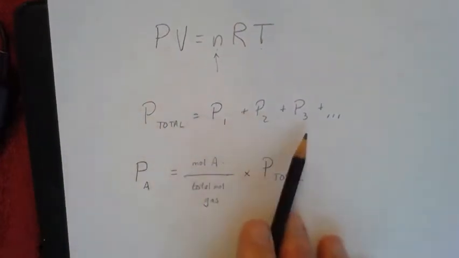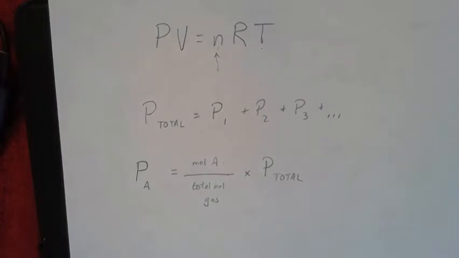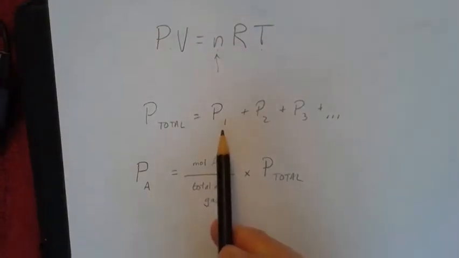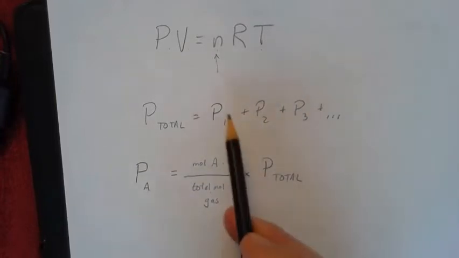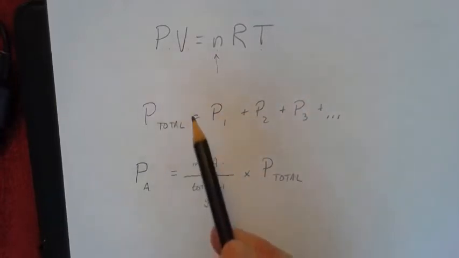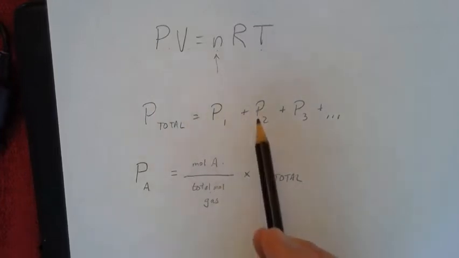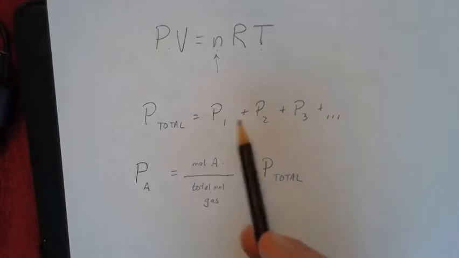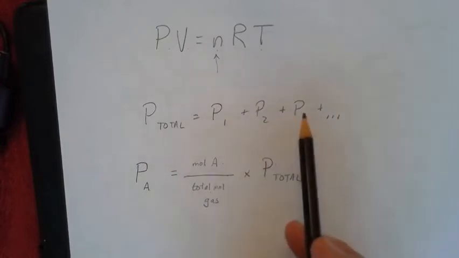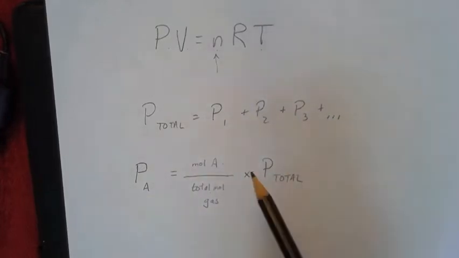I remind you that this is Dalton's law of partial pressures. And what we're saying is if we have a mixture of gases, for example, 3 gases or more, the total pressure of this mixture of gases in a container is the partial pressures. That's what these P's are for. Partial pressure of each gas combined. Okay, so that's pretty easy.